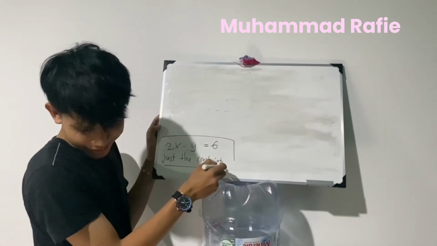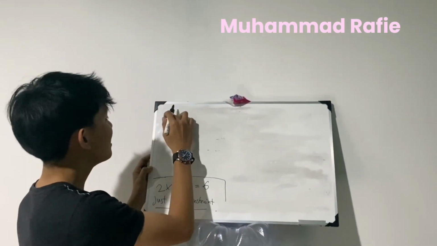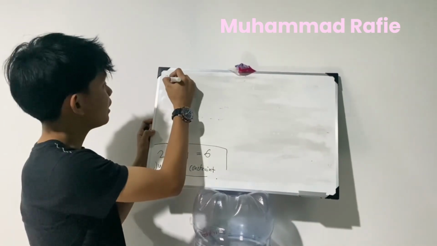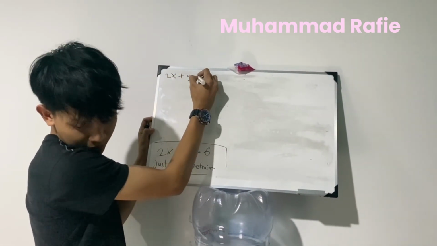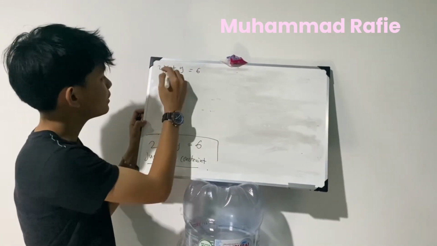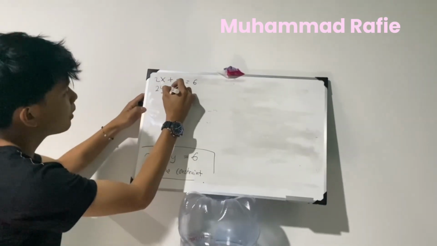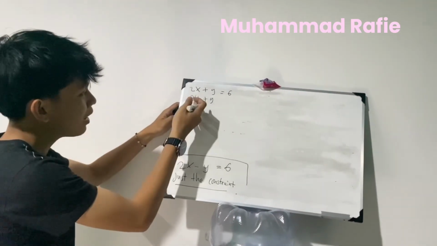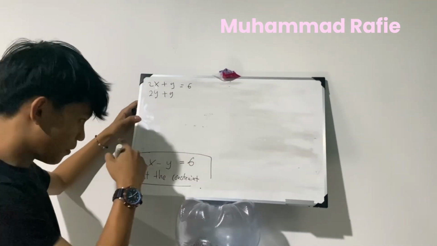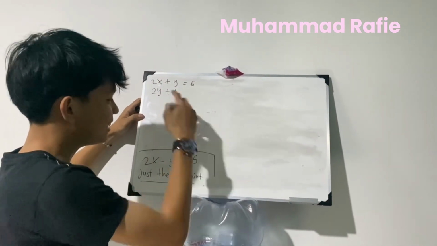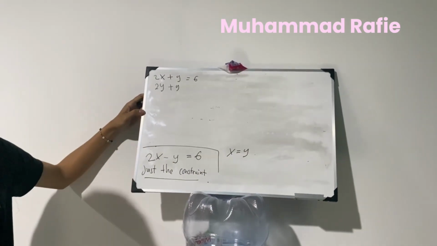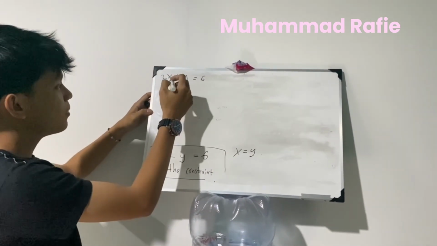We can write 2x plus y equals 6, or 2y plus y, because x equals y so we can change the x into y.